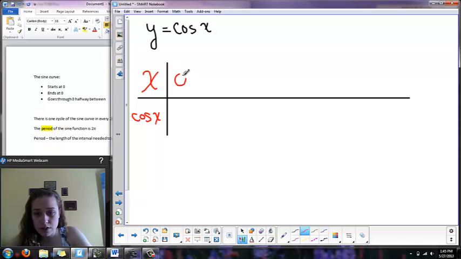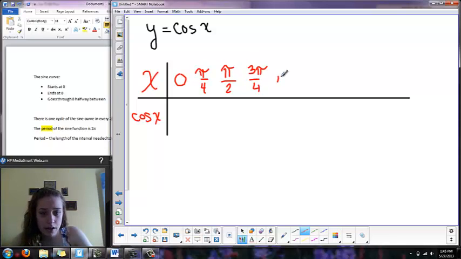So this is going to be 0, pi over 4, 2 pi over 4, which happens to be pi over 2, 3 pi over 4, 4 pi over 4, which is just pi, 5 pi over 4, 6 pi over 4, which is 3 pi over 2, we're just reducing that.